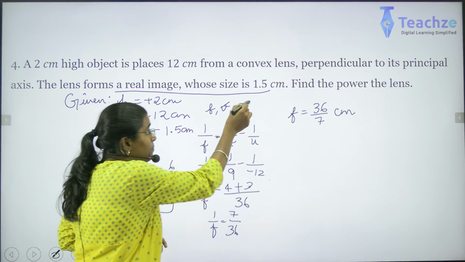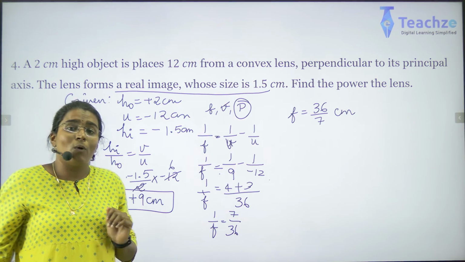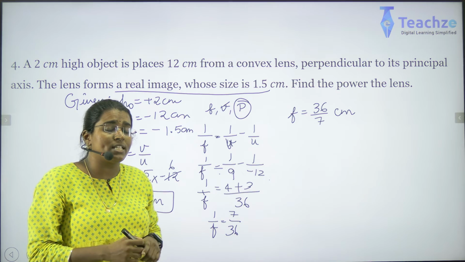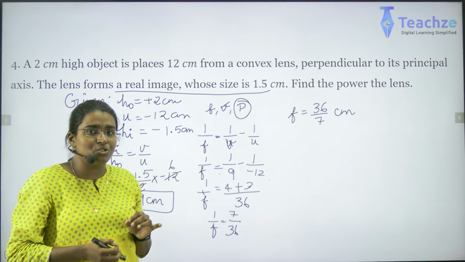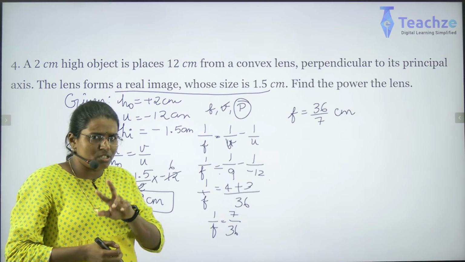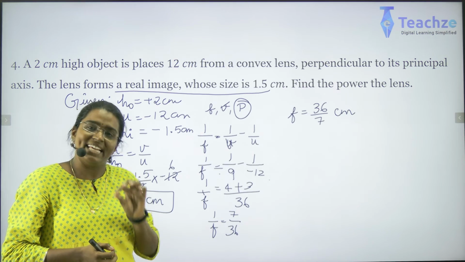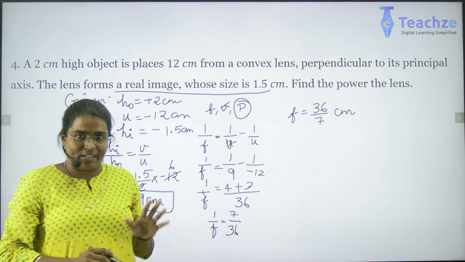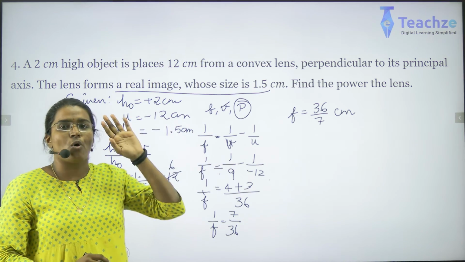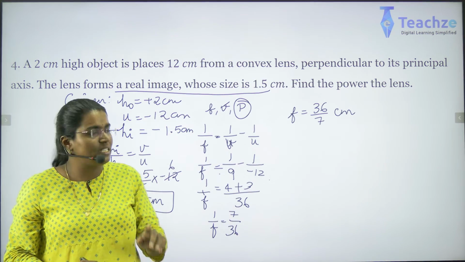But to find power of lens, what should be the focal length unit? You know the focal length should be meters or centimeters? Yes, it should be in meters. So to find the power of lens, the focal length should always be in meters.